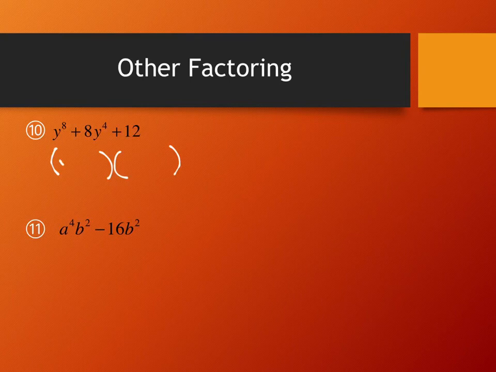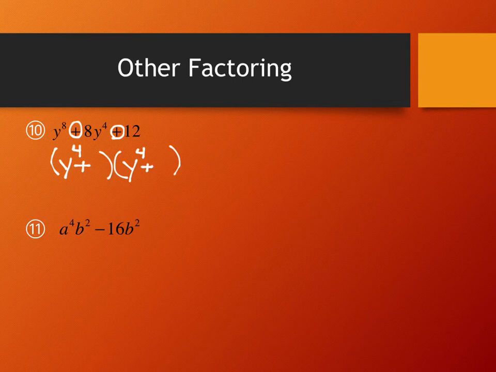But the kicker is that instead of writing just y and y here, because that would just give me y squared, I write y to the 4th and y to the 4th, because that gives me y to the 8th. The sign at the end is positive, which means both signs are the same. The sign in the middle is also positive, which means the same signs are positives.